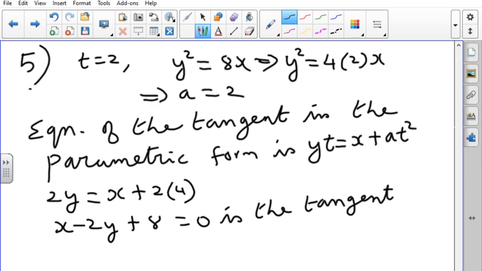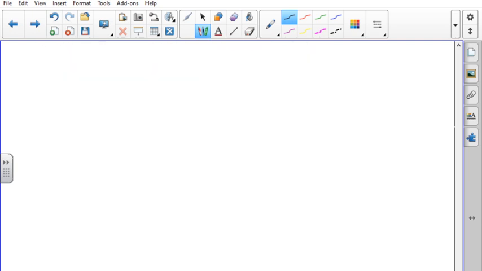Then coming to question number 6. Find the equations of the tangent and normal to the hyperbola 12x square minus 9y square is equal to 108 at theta is equal to pi by 3. Here also it is asked to use parametric form.